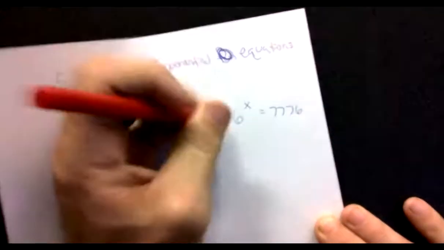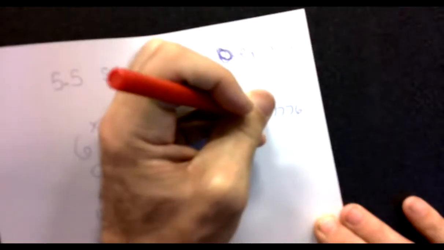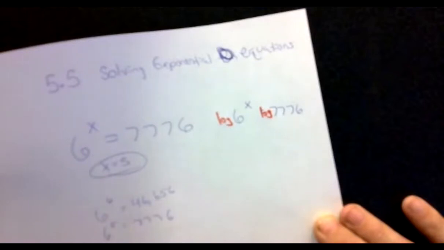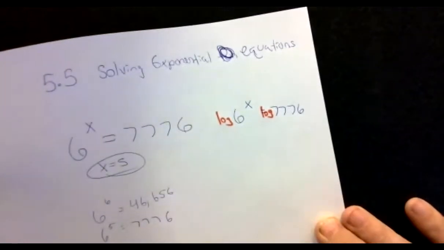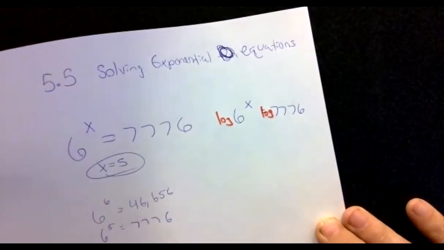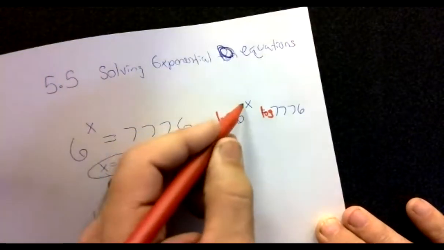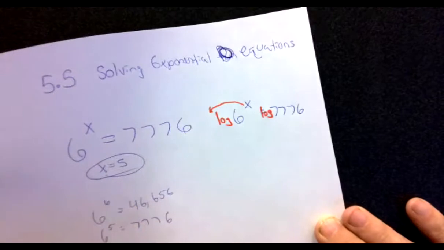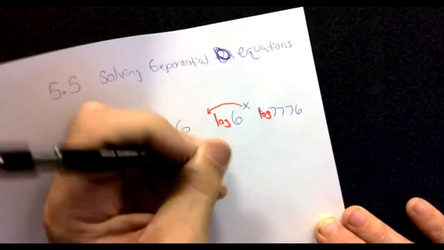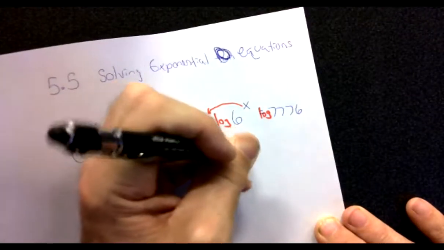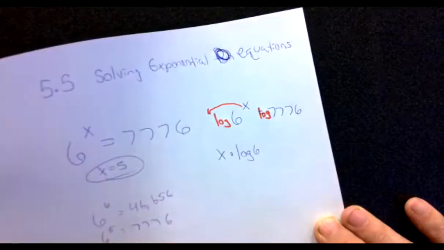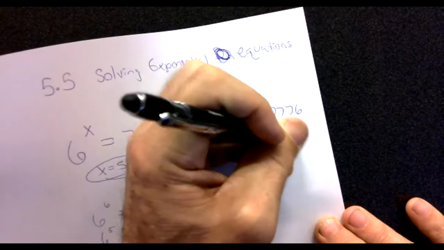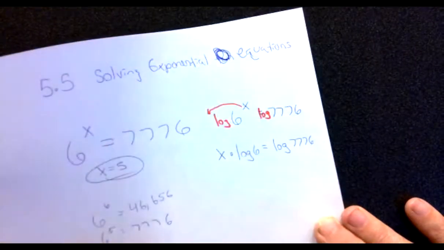If we take the log of both sides, then we can use our properties to bring our x to the front. So that's going to give us x times the log of 6 equals the log of 7,776.